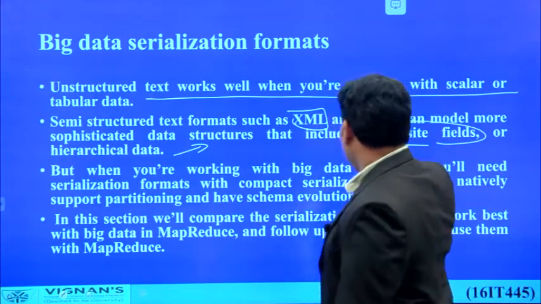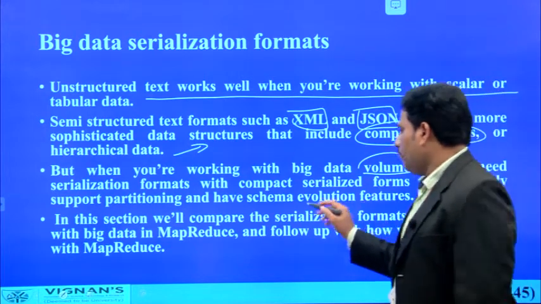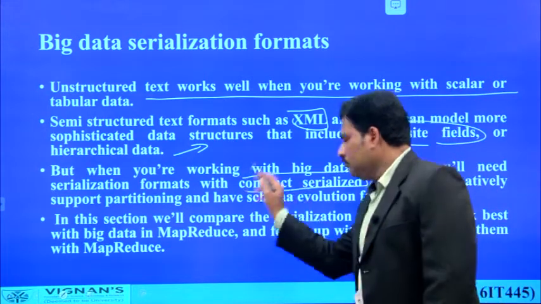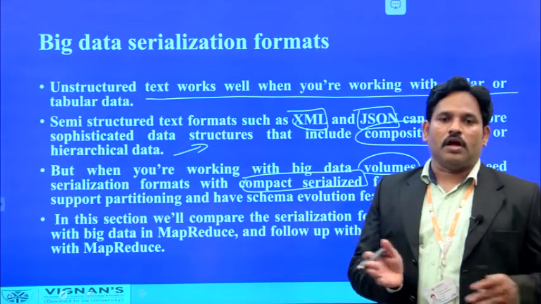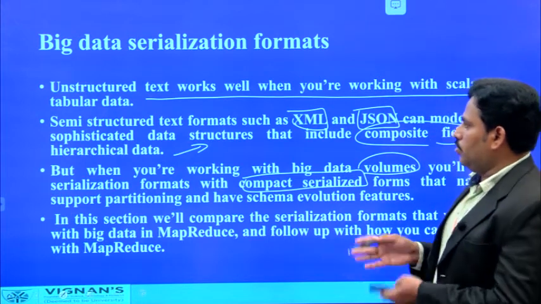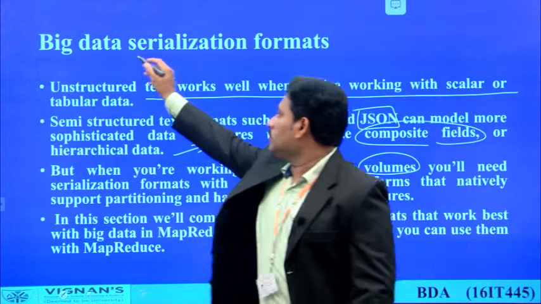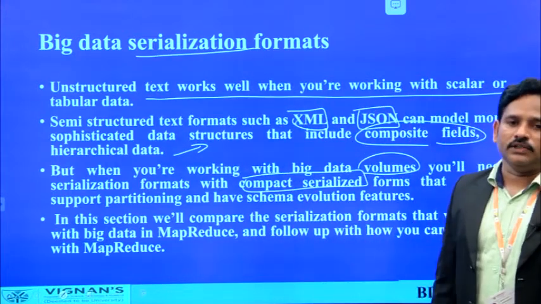So when we are dealing with big volumes of data, the major thing is that we want to perform some compact serialization operations in order to store or process a large amount of data in a big data environment. Here in big data serialization, based on the type of the data, we can choose the serialization format.